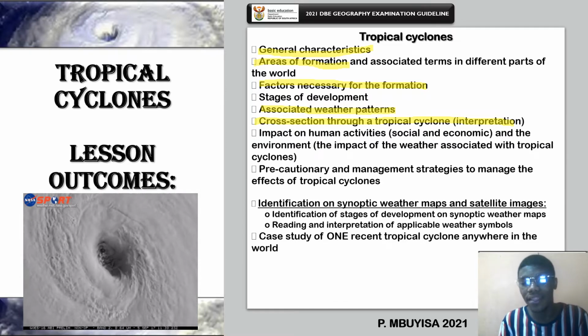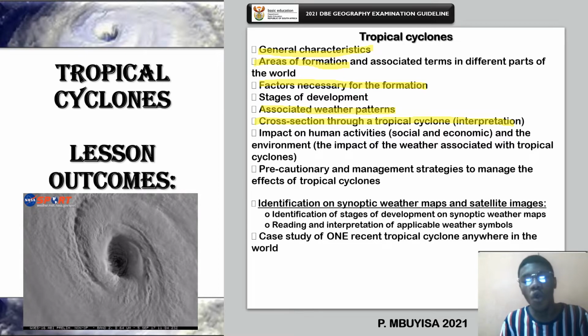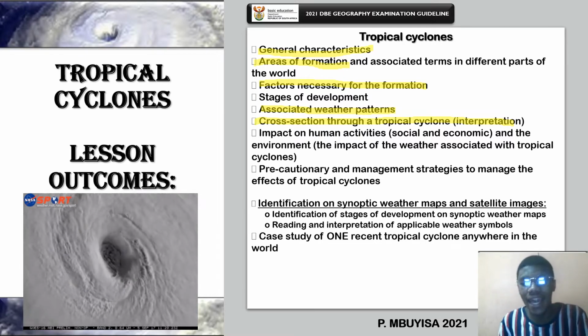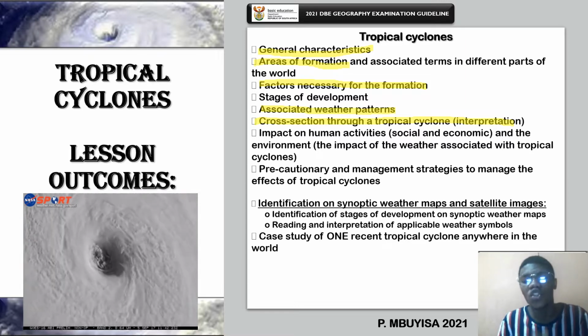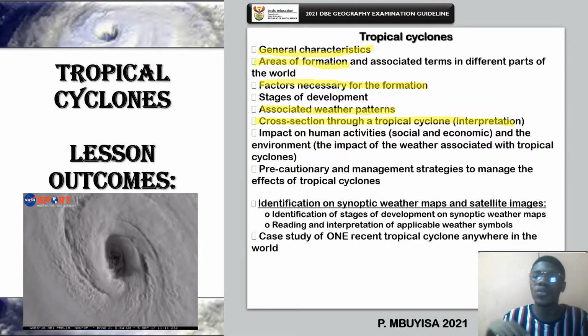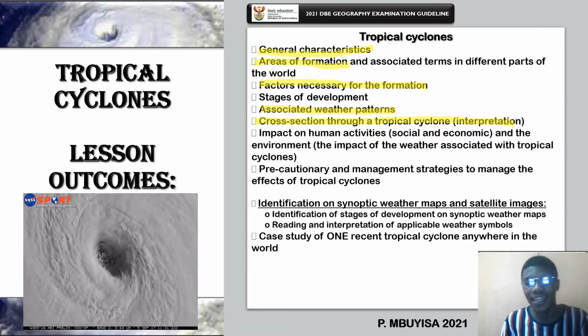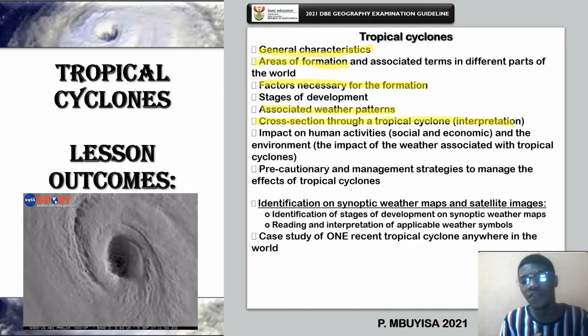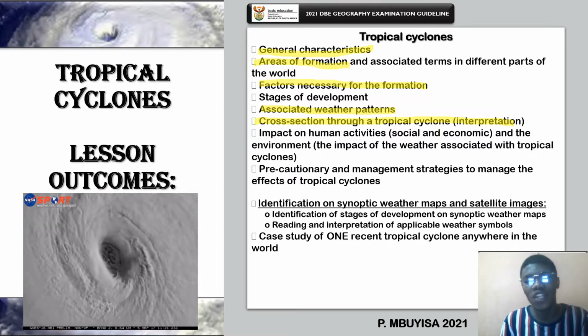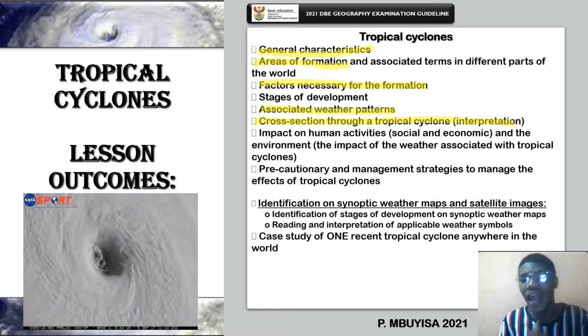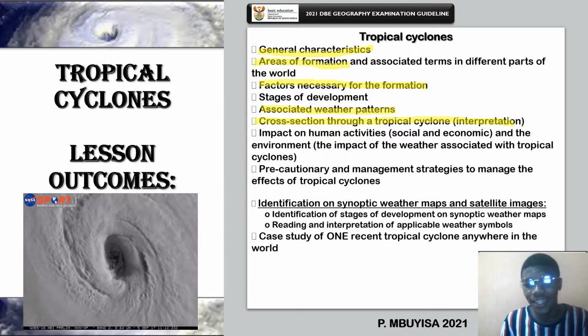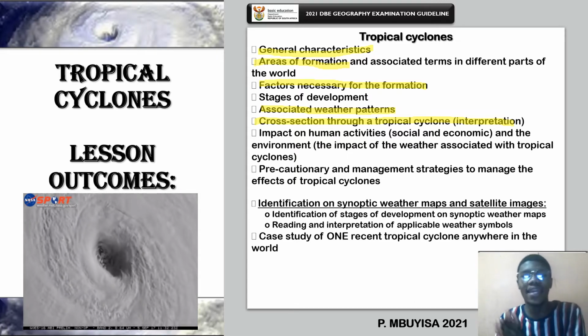So let's remember that point. They form in the tropical regions. And where are our tropical regions? It's between 0 and 30 degrees, but we are always specific to say tropical cyclones form between 5 and 30 degrees, both north and south.